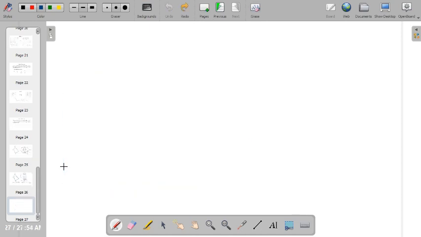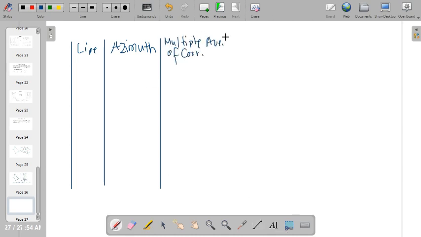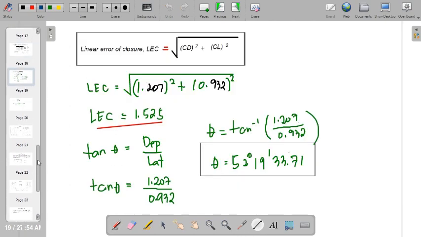So we are going to draw our table now. The first column is the line, or we say the point. Then azimuth, multiple of average of corrections, and then the round off.